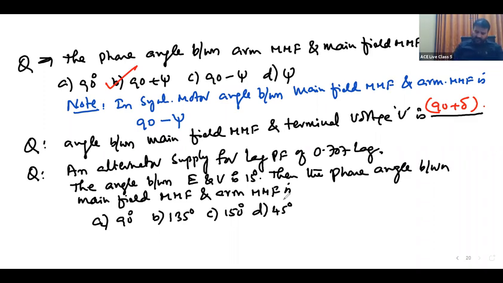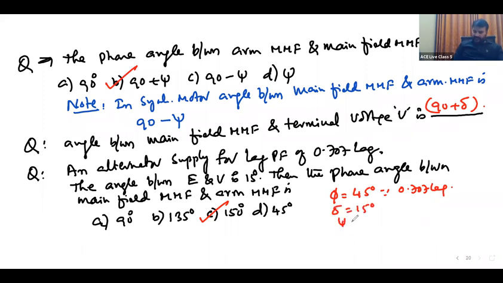Answer? The answer is 150 degrees. Here, what is phi? Since the power factor is 0.707 lagging, phi is 45 degrees. Then delta is 15.